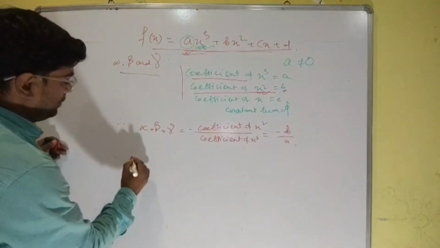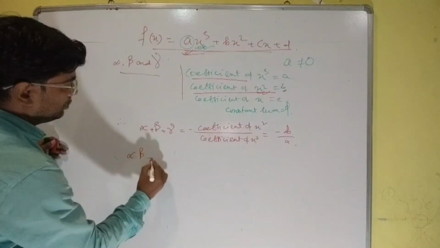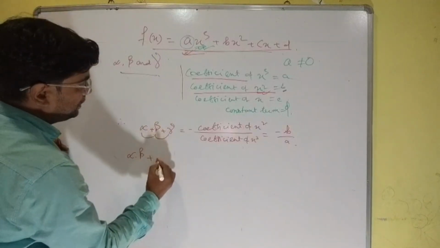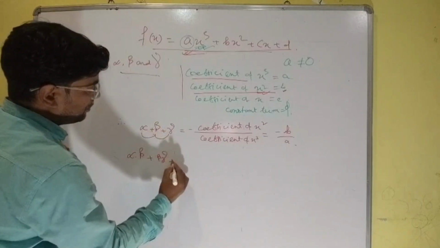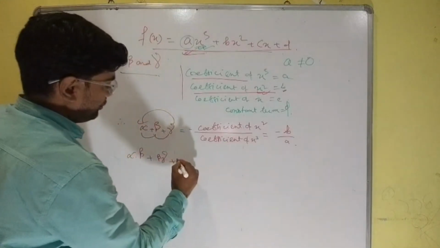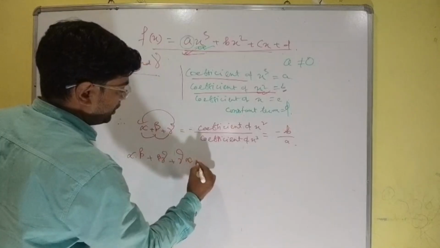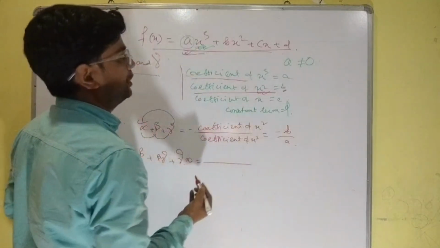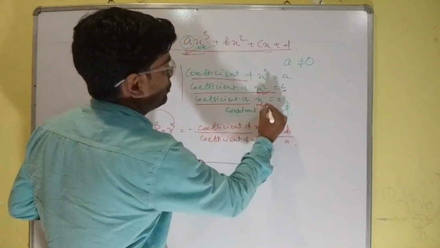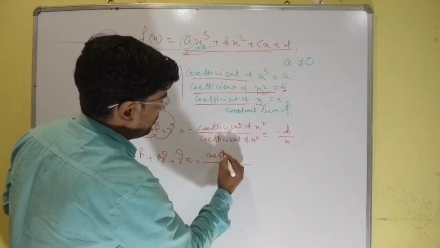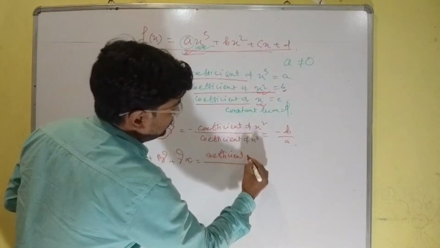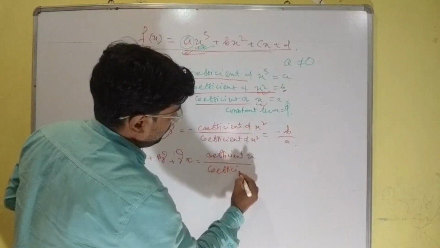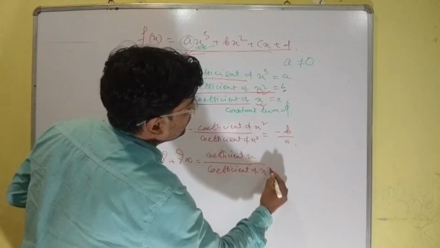And next, the sum of the products of the zeros taken two at a time, alpha into beta plus beta into gamma plus gamma into alpha, is equal to the coefficient of x divided by the coefficient of x cube.